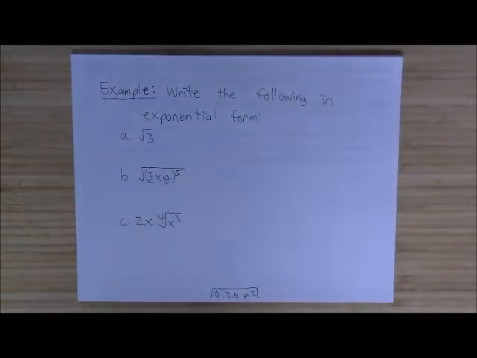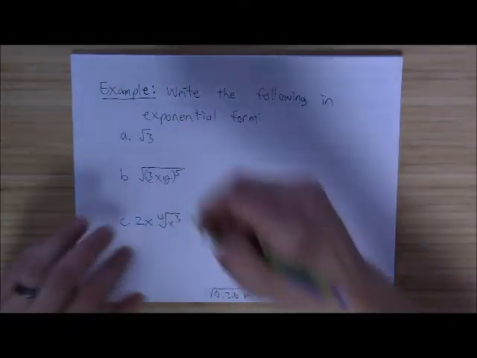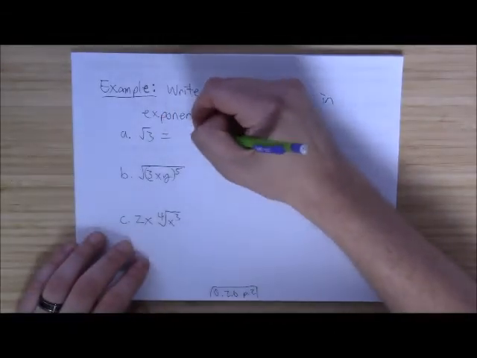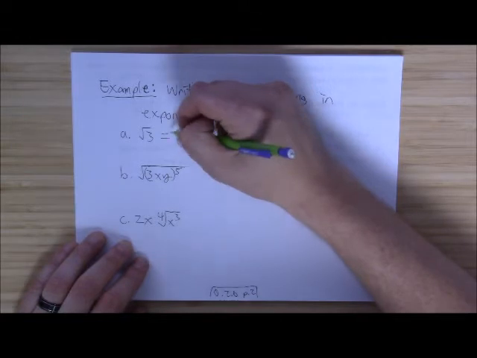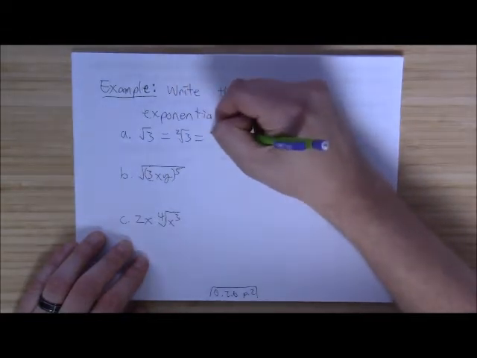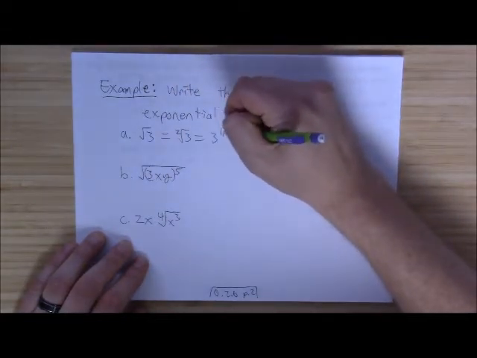So, for example, we now know that any root can actually be written as an exponent. This explains a lot about why radicals and exponents work so well together. Namely, square root of 3, since that is really a 2 there, we can write as 3 to the 1/2 power.